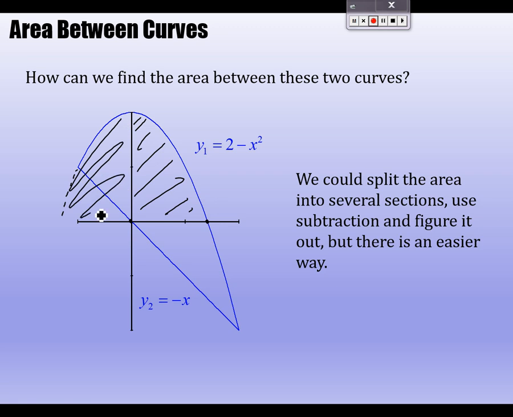I could find the area under this and subtract it from that, and then find this area. You know, there are lots of ways you could piece it together. That sounds terrible. It sounds like a really bad idea.